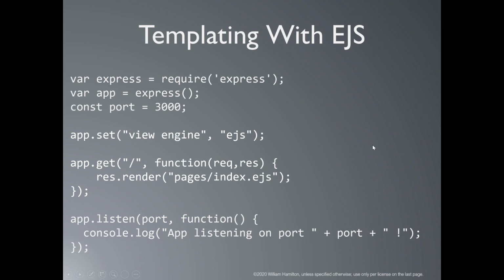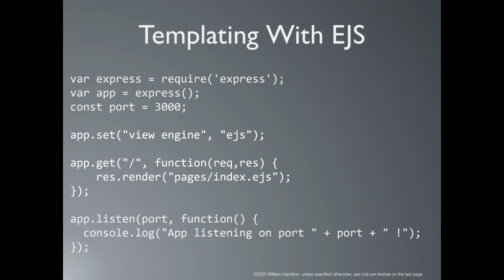So what you end up doing is setting up your Express node module pretty much the same way. You require Express. This does require the npm package EJS. But what I do here is set what's called the view engine for Express to EJS.